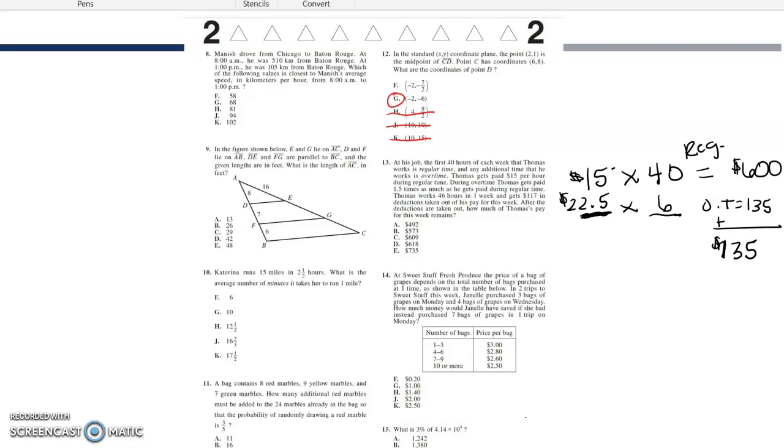But we're not done. Make sure you read everything because it tells you that, hey, 117 is being deducted. There goes your state and federal taxes, right? So we want to subtract from 735, 117, because somebody's taking that away from us, and we get 618.